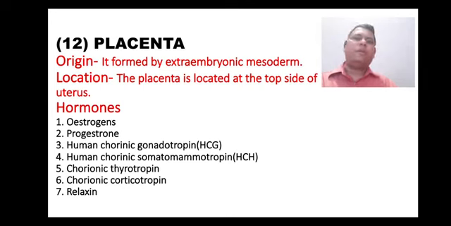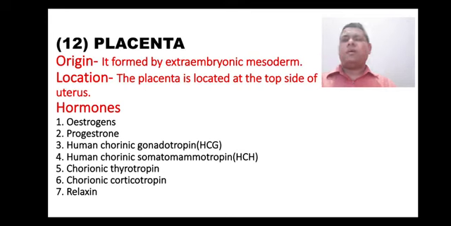The presence of human chorionic gonadotropin hormone in urine indicates pregnancy. Number 3, HCS, human chorionic somatomammotropin, stimulates the growth of the mammary glands.